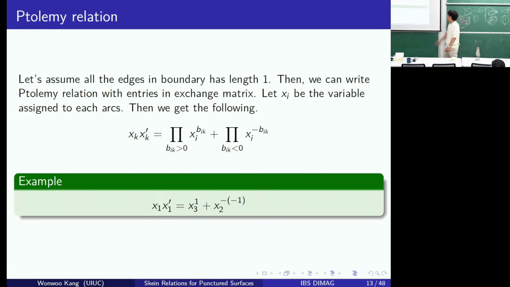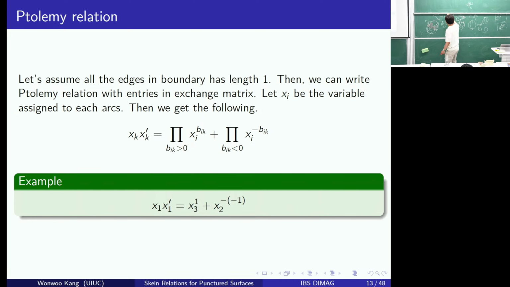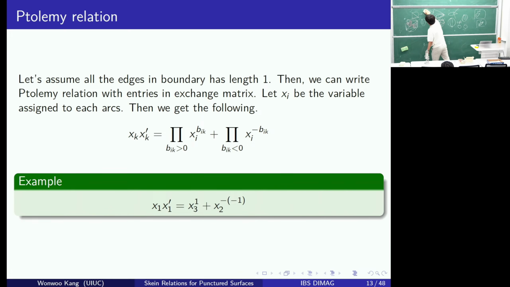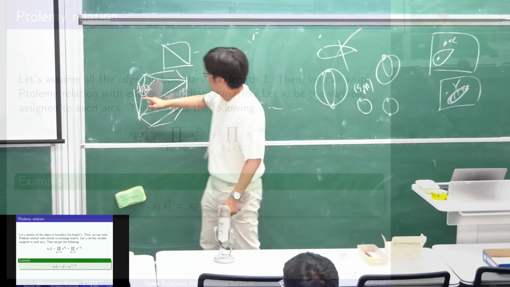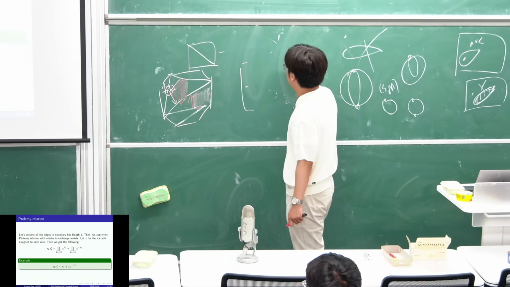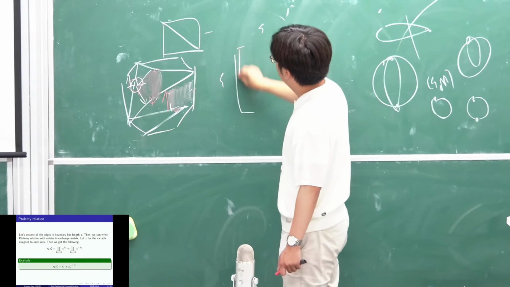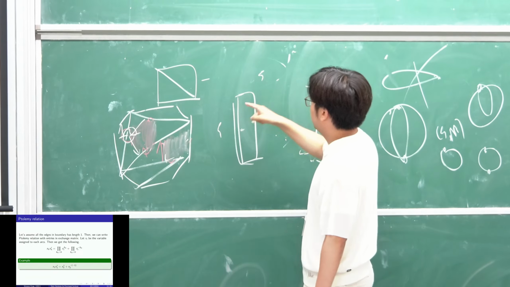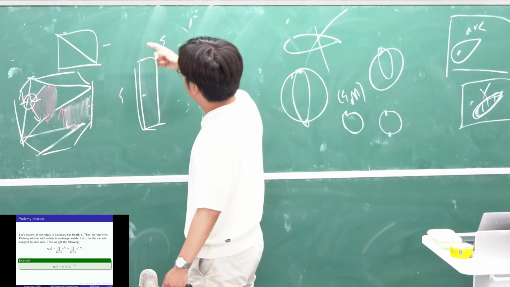If I flip here, for example in this case I flip 1, there's a 5 times 5 exchange matrix. You only think about the components in the first column.